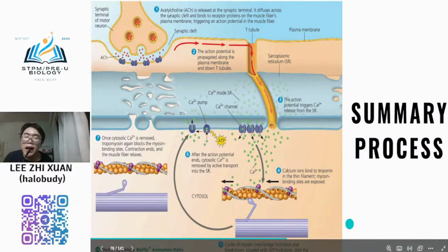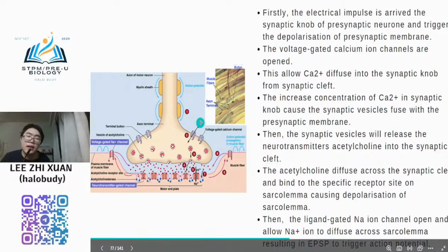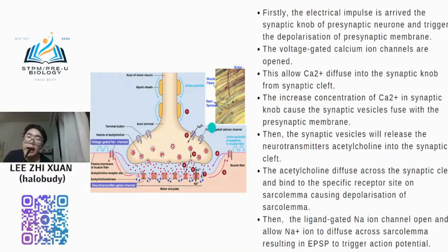So now we will go to the more detailed part. The first step is the release of the neurotransmitter, which binds to the binding site on the sarcolemma.